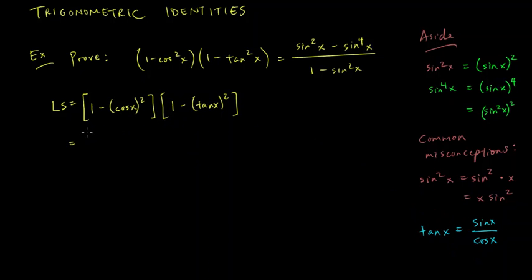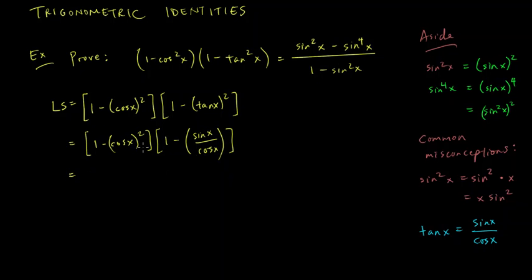Okay? Let's do that. 1 minus cos x squared, 1 minus sine x over cos x. Okay, we're far from getting there.